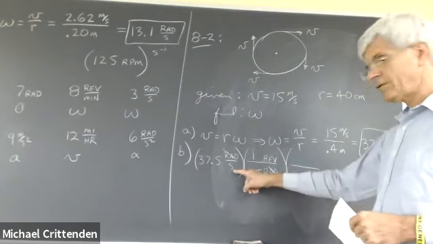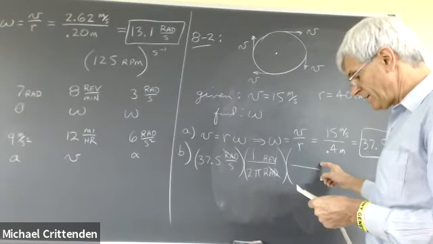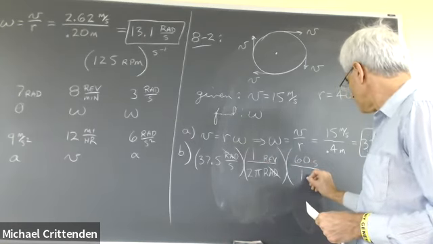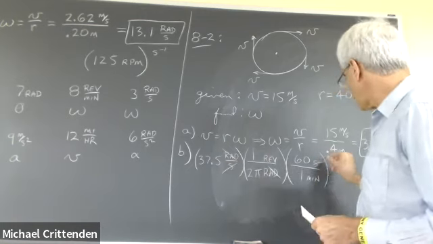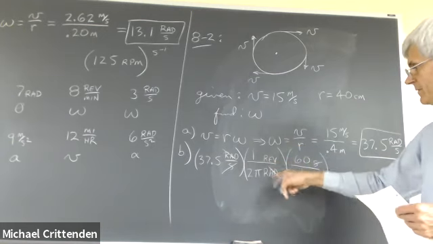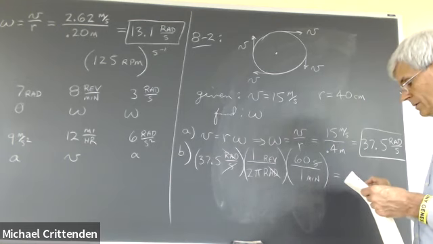And with the time units, seconds is on the bottom, so you want seconds on top. Seconds over seconds cancels that way. So 37.5 divided by 2 pi times 60, that's 358.